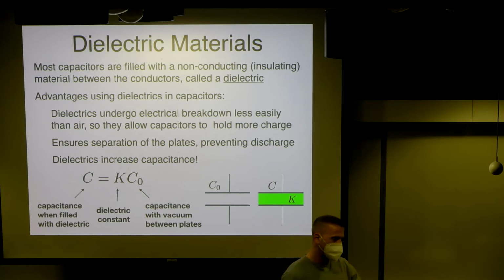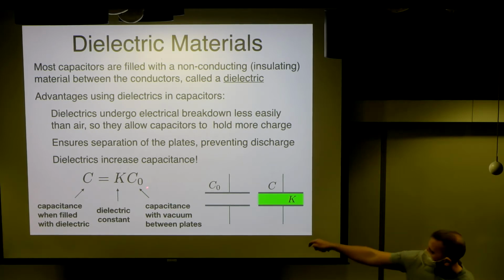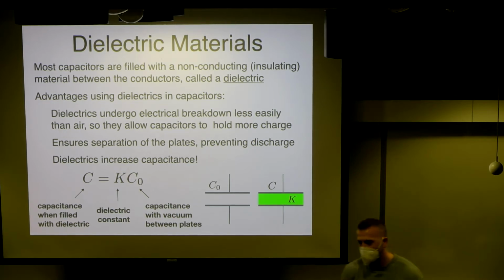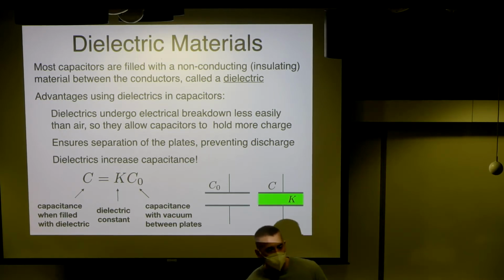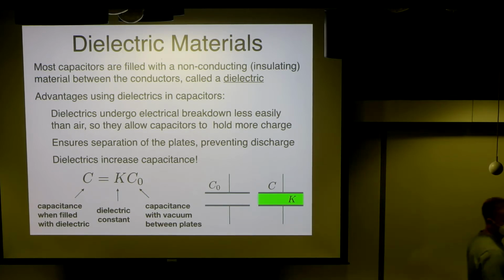It doesn't have any units, just a pure number, times C naught, which is the capacitance with vacuum in between the plates. So for example, if K is equal to 10, that's telling us that it increases our capacitance by a factor of 10. If it's equal to 100, we increase our capacitance by a factor of 100. And this number K is just a property of the material. So every material has a unique value of K.